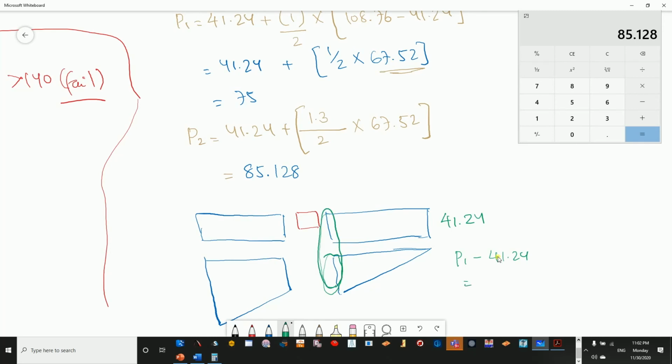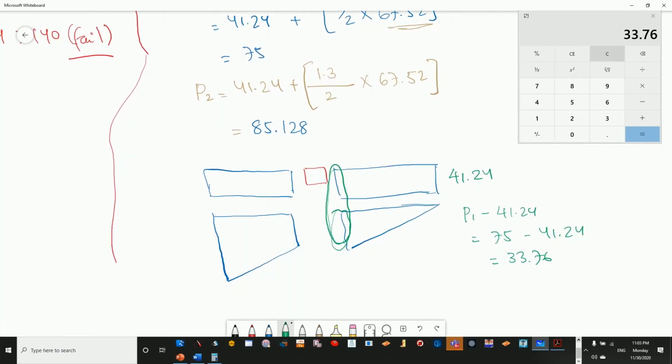So we have P1, which is 75, minus 41.24, and that is going to give you 33.76. And then here we can do the same thing. This is 41.24, here we have 33.76, which is the same point here, and then we have this point.